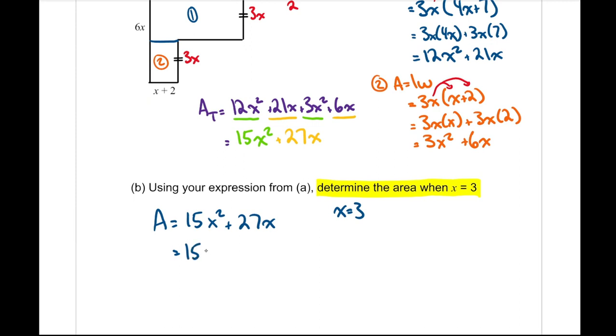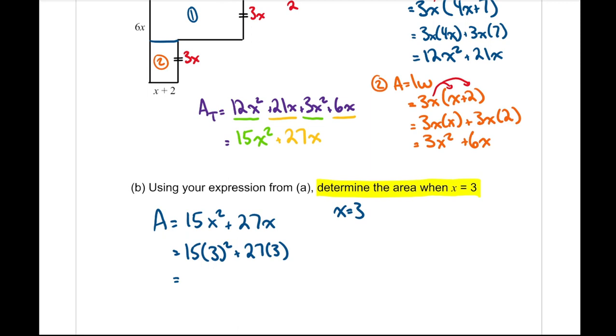So 15, instead of x squared, it's now going to be 3 squared. So keep in mind, you're only replacing the letter. You're not getting rid of any exponents or anything like that, just the letter. So 15 times 3 squared, plus 27 times 3.